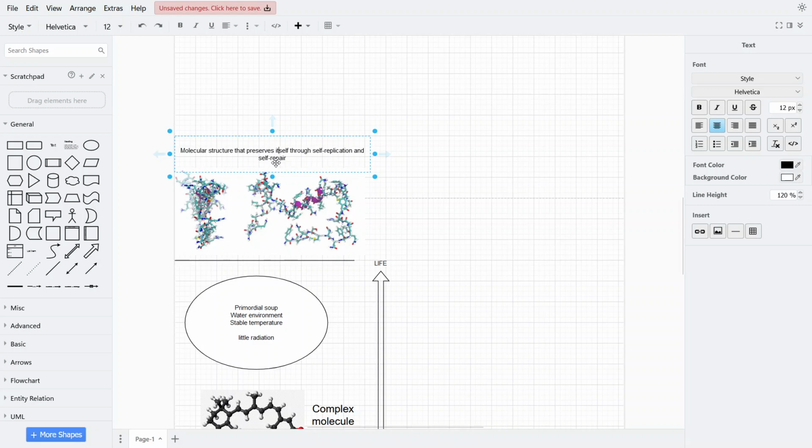To be clear, the actual molecular structure is not preserved by the self-replication, but that is not really necessary, because if you make a copy of itself, essentially it's that structure preserving itself in time.